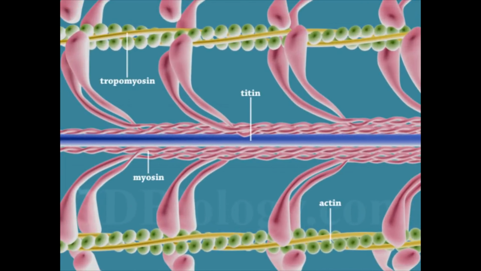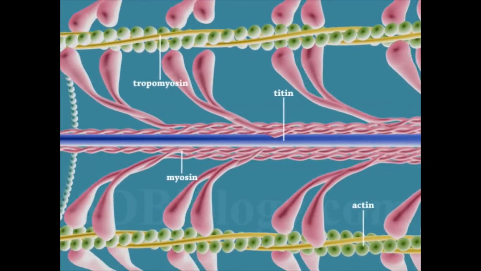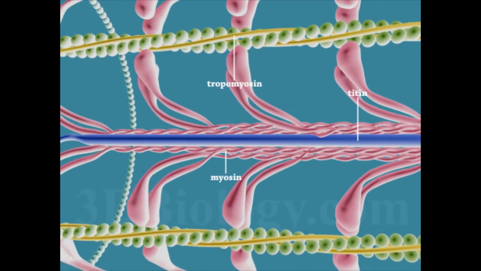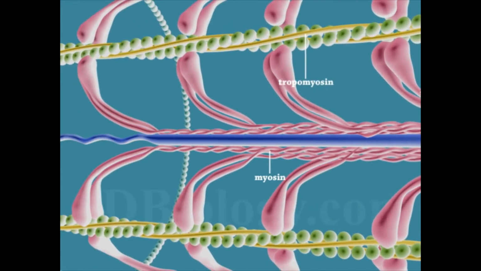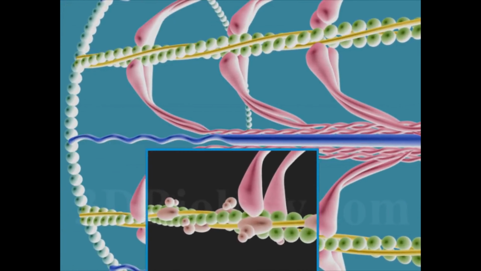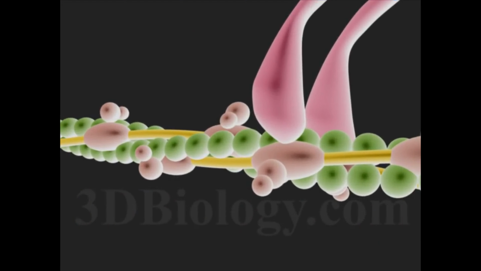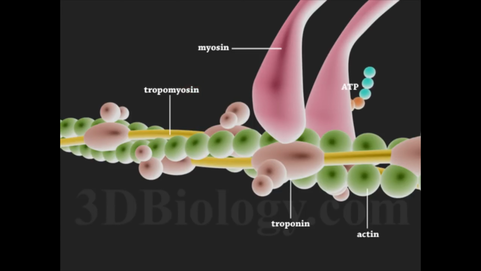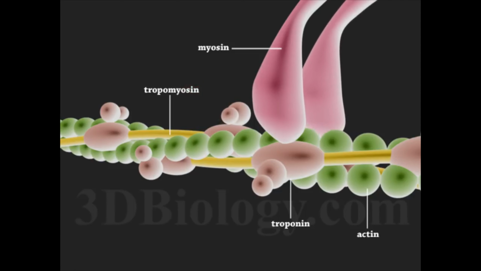Myosin will move the actin, detach from it, connect to another, move it again, and that's how it shortens the sarcomere. And now imagine that this happens at the level of the entire muscle, that thousands and thousands of sarcomeres are shortened at the same time.